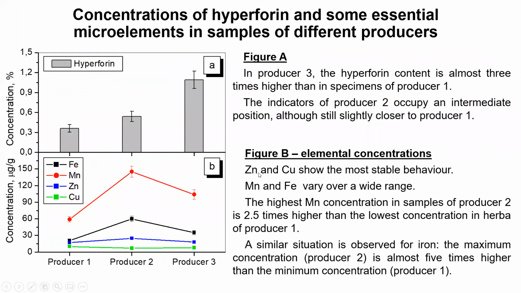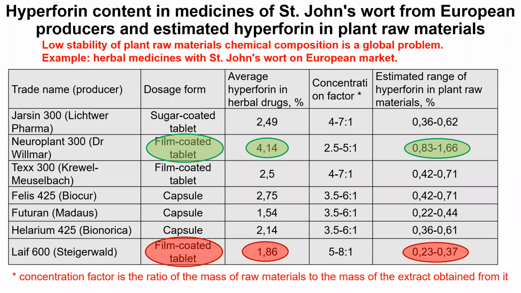The content of hyperforin varies between 0.35 and 1.15% in samples of different producers. There was found no clear correlation between the elemental composition and the active pharmaceutical content.